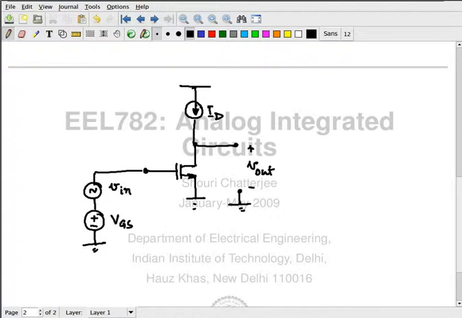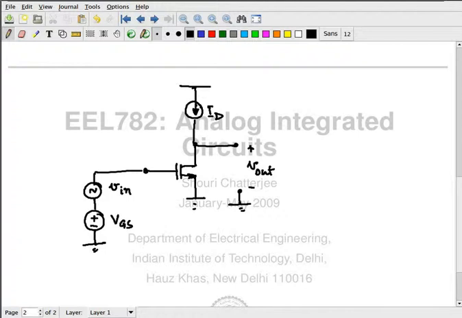So by hook or by crook, you make VGS, capital VGS, such that the MOSFET conducts a current ID, with a reasonable value at the drain voltage. You have to do this. This is your business. Now once you do this, you apply a small signal at the gate, which is V in, and you are interested in measuring the small signal that comes at the drain of the device.